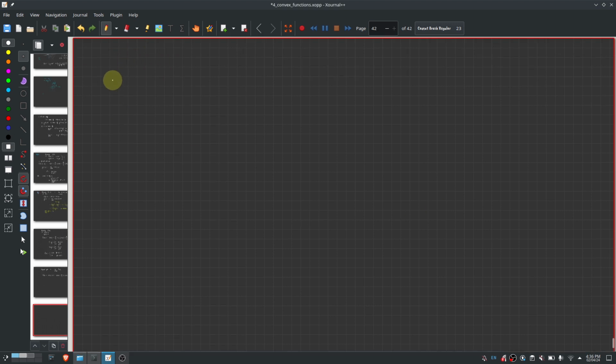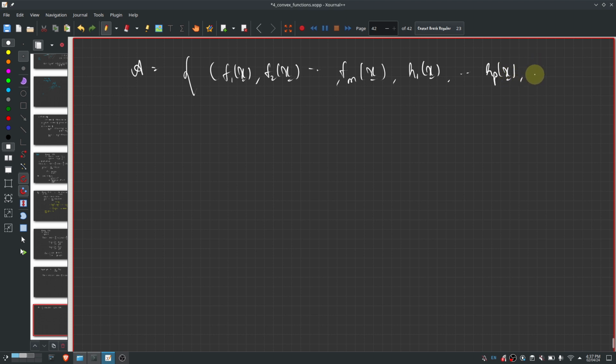Given any optimization problem, I'll define the set A as this very high dimensional vector, which is the set of all f1 of x, f2 of x up to fm of x, h1 of x up to hp of x, f0 of x.